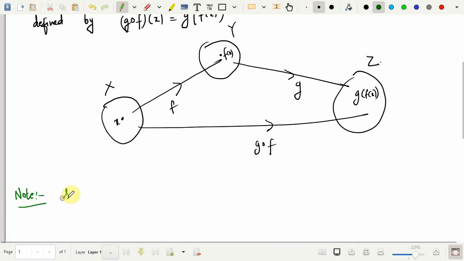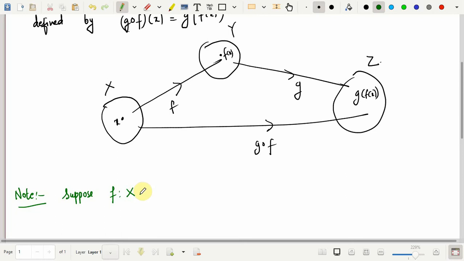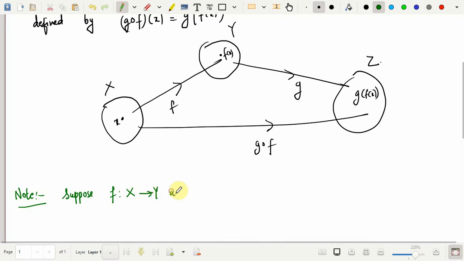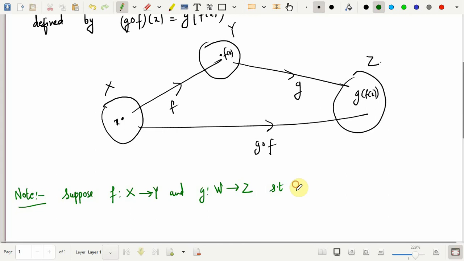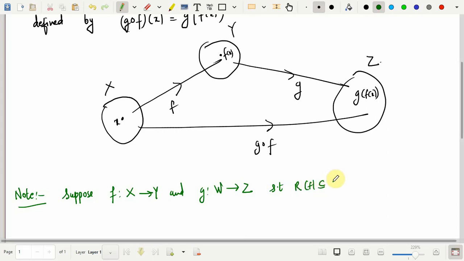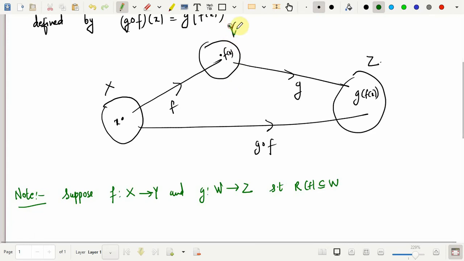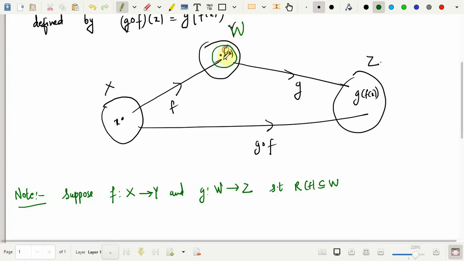So suppose f is from X to Y, and g is from W to Z, such that the range of f, R of f, is contained in W. So basically the picture would be like this: W is this, and R of f is contained in W. So anyway this x will map to the image of x through f, which lies in the range of f.